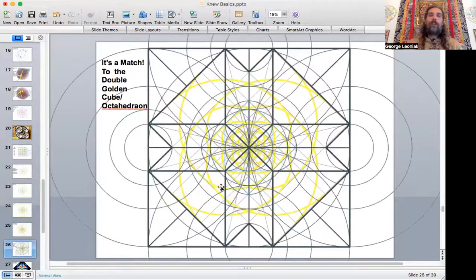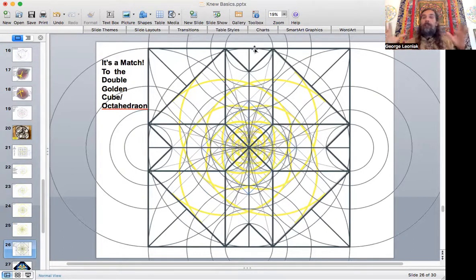So here is my overlay of my drawing, and there's the golden rectangle faces. This is the drawing of this basic unit, which has a little cube in the middle. We're going to zoom in on that in just a sec, but it's a match. This fits over top of the double golden cube octahedron. And this point here, that point there, that point there, these are the octahedral points that would turn this whole thing into the classic vector equilibrium model.